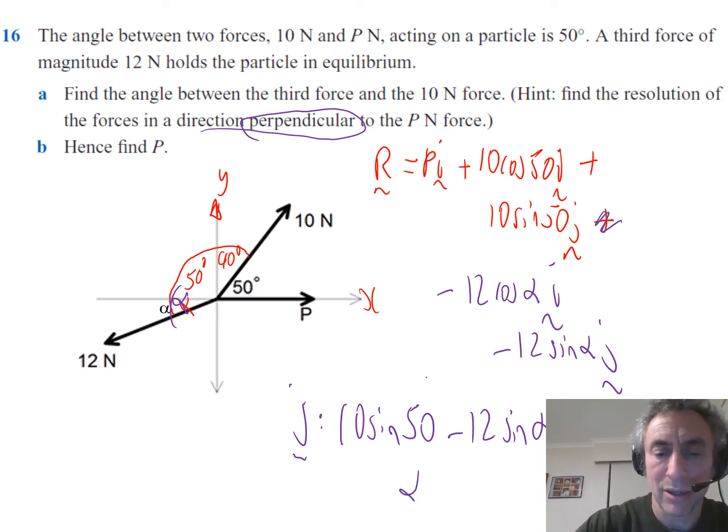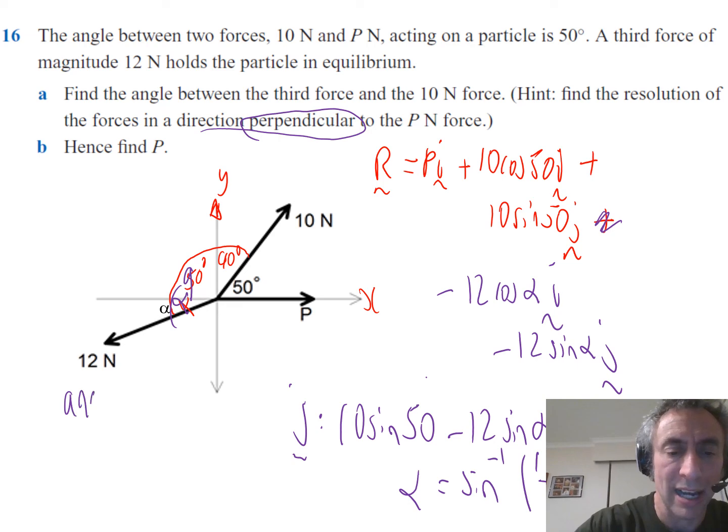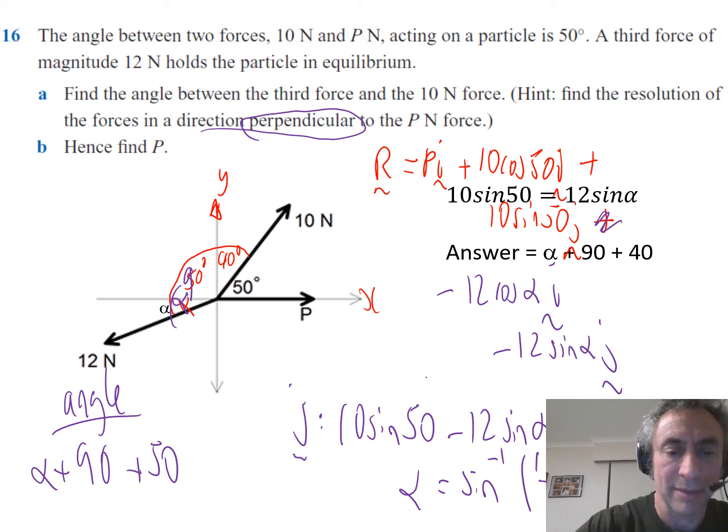So alpha will be the inverse sine of 10 sine 50 divided by 12, and we come up with our answer from that. So the angle will be 90. Sorry, why did I write 50 there? Sorry, it was 90. So the required angle will be alpha, whatever that turns out to be, plus 90 plus 50 degrees.